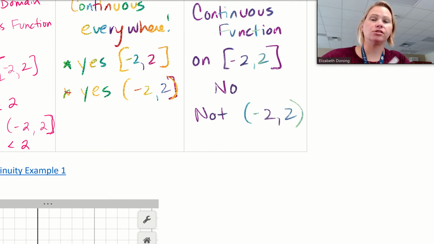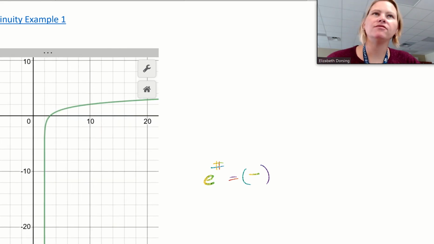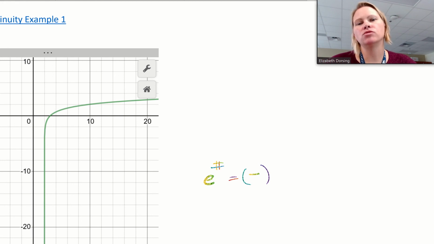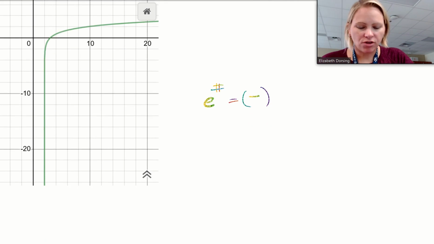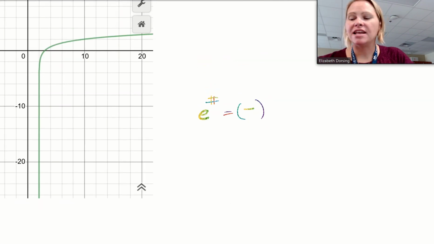So that settles that. So the idea here is that I want you to understand that you can be continuous as a function and still have discontinuity. That sounds really weird, but you can be continuous as a function and still have things like vertical asymptotes and holes.